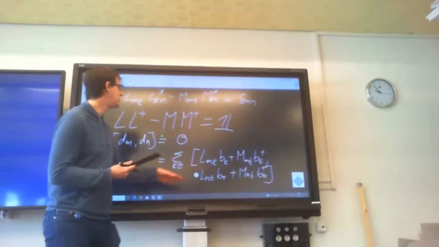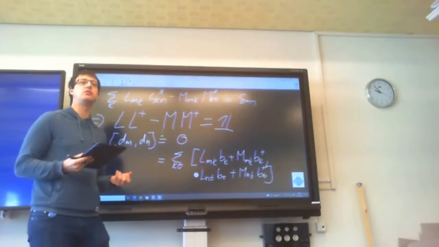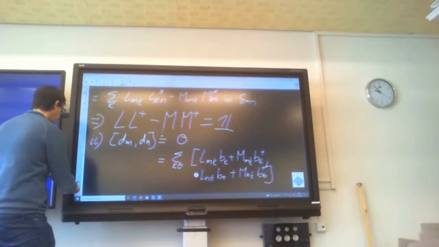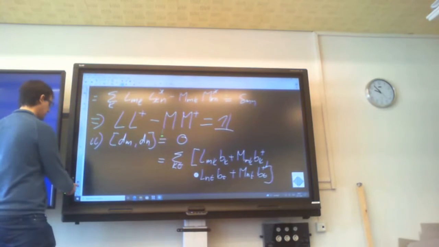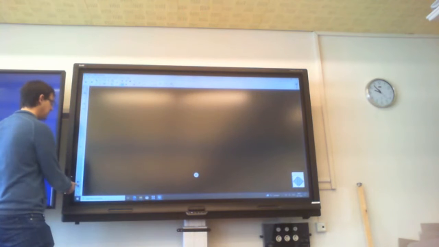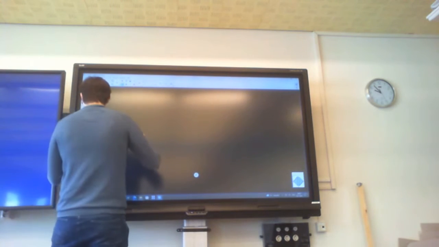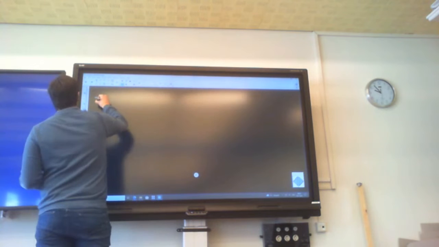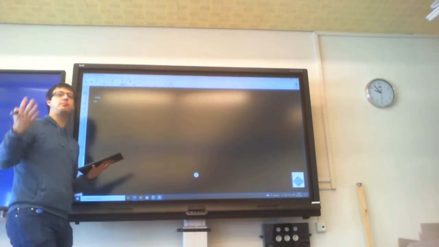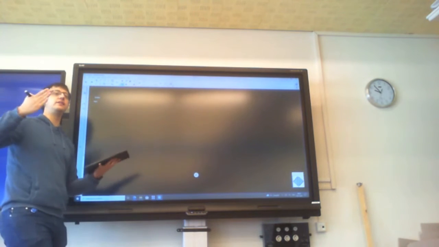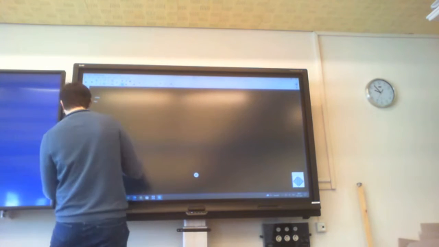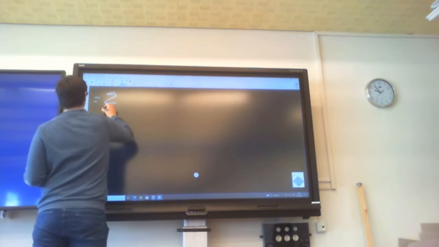Split this up, use the linearity in the arguments of the commutator, and then find out which terms survive and which do not. So I will skip the step of writing these explicitly and then pulling it out. I directly will pull them out, to save a bit of time.